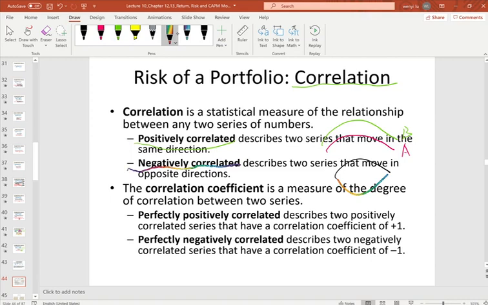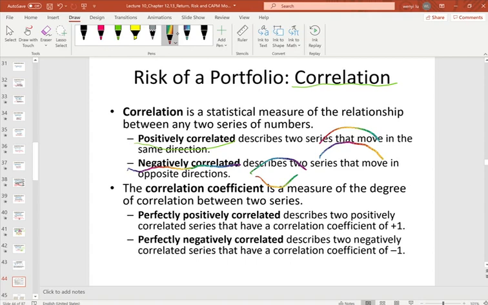So what happens to our portfolios? If we put in two stocks that are positively correlated, when one moves up, the other also moves up. So when these two are added into the portfolios, their risk will not be reduced too much. However, if the two stocks always move in opposite directions, when we put these two into portfolios, the risk of the portfolio will be reduced even further.